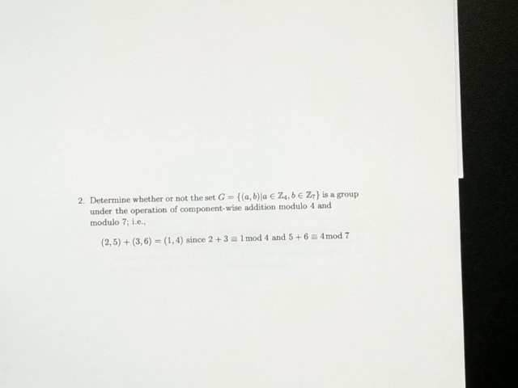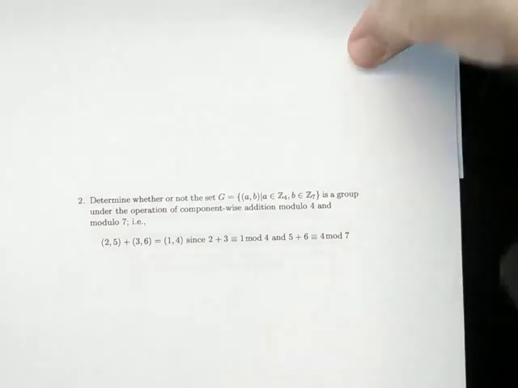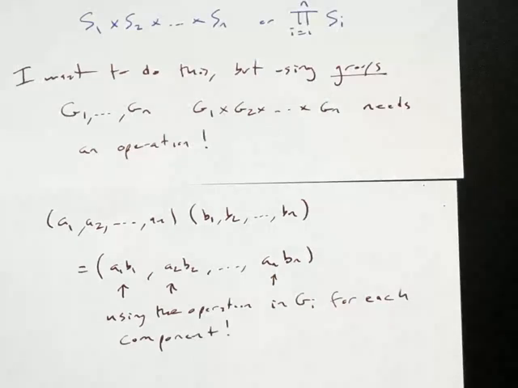And I want you to do the operation of component-wise addition. When you add the two A's, you add mod 4. When you add the two B's, you add mod 7. That's exactly the definition we just gave for how to do our overall group operation here. I'm just asking you to do it for as many groups as we have. This only asks you to do it for 2.